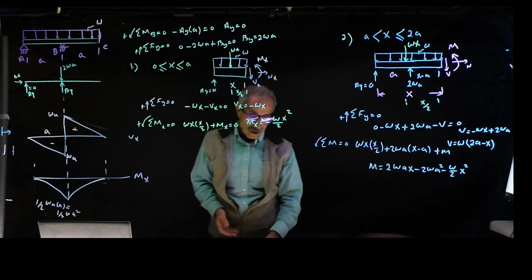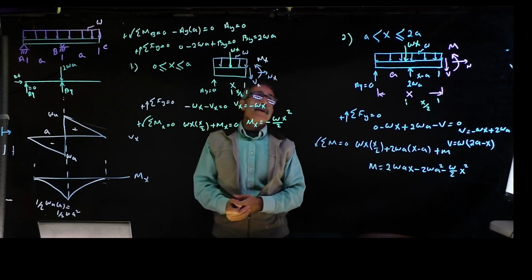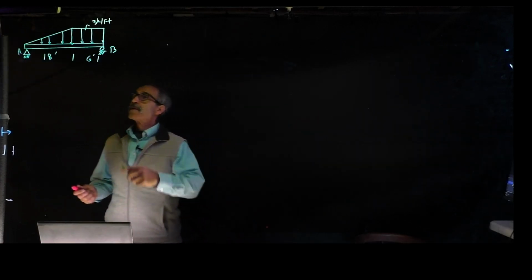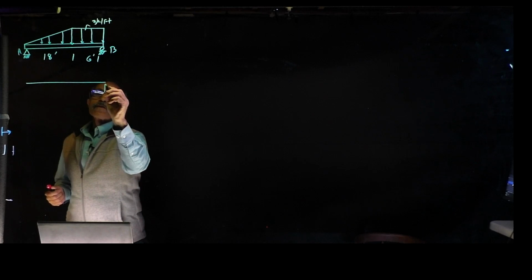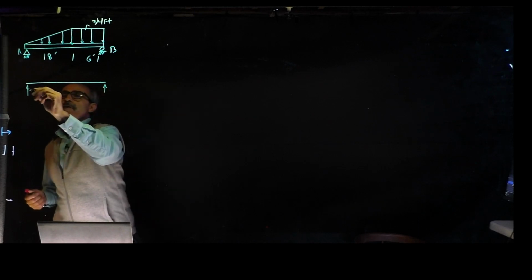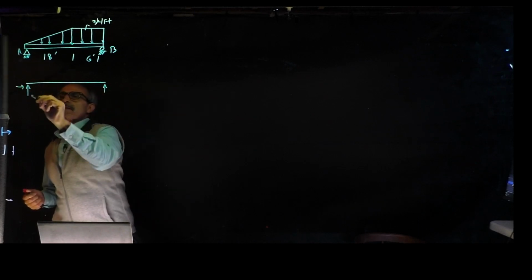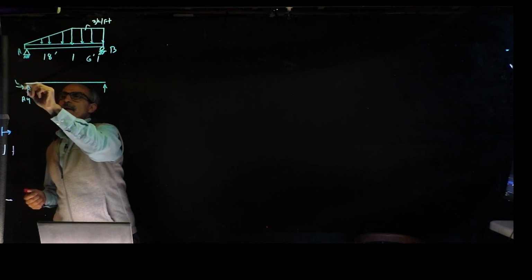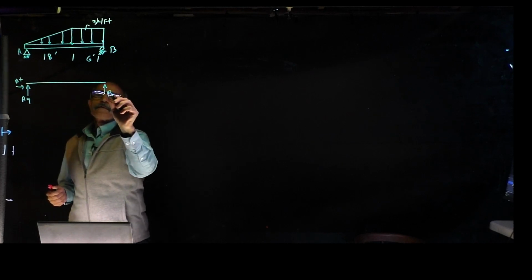Okay. Now we're going to go to the next problem. Look at this problem here. The first thing we're going to do is a free body diagram. I'm going to replace them with a bunch of forces. I got one force here, and two forces here: AY, AX, and BY.